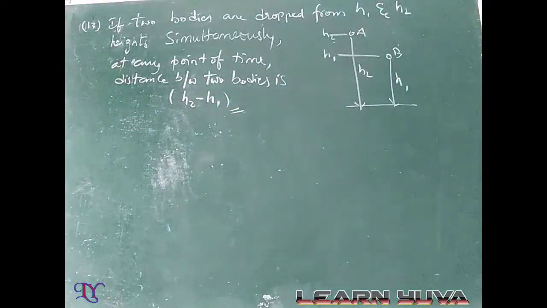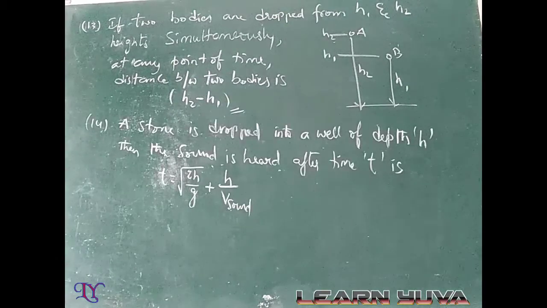Distance between two bodies at any point of time, that is the distance between 2 points, is h2 minus h1. Okay.